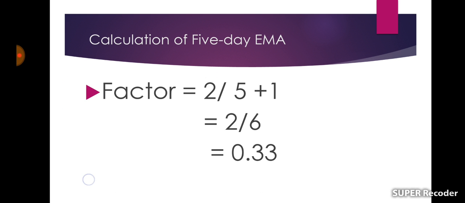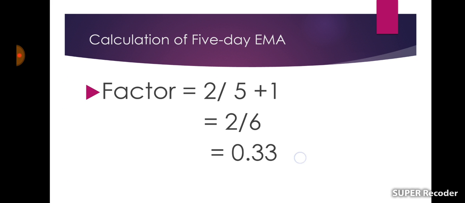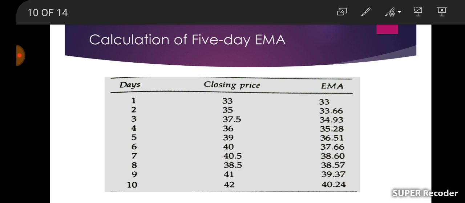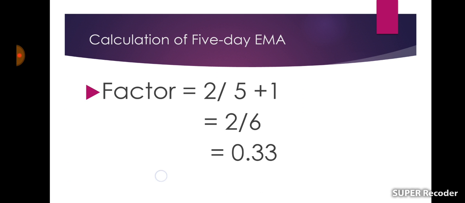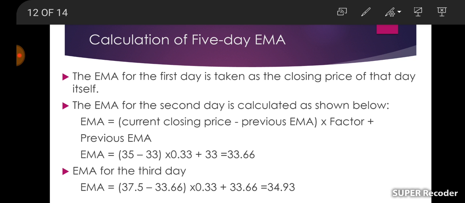Here the current closing price is 35, the previous EMA is 33 and the factor is 0.33. So the second day's EMA is 35 minus 33, into 0.33, plus 33, where 33 is the previous EMA. Then we get 33.66 as the second day's EMA.